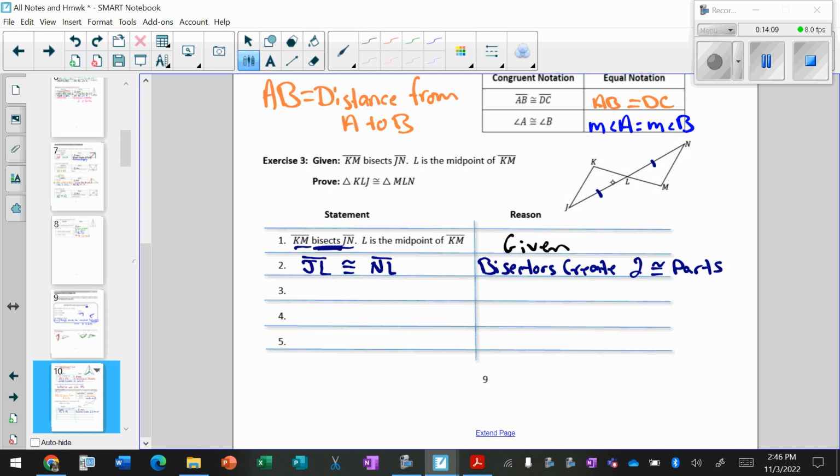Since those parts are congruent, we mark them with a single dash on each one to show that they are the same.